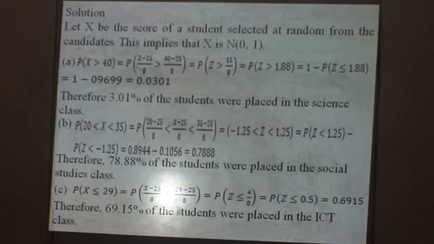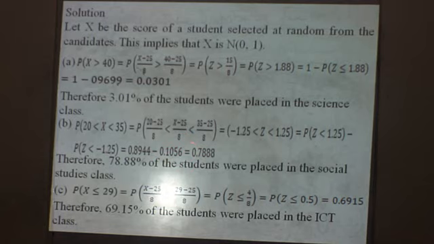So then we go to the normal distribution table. Then for the probability of Z less than 1.25, we read 0.8944.